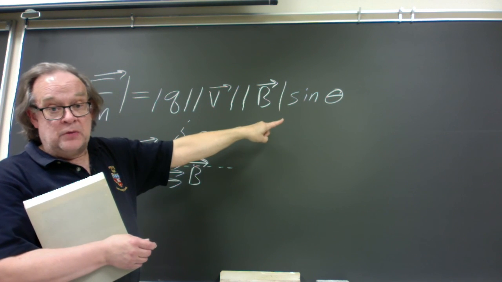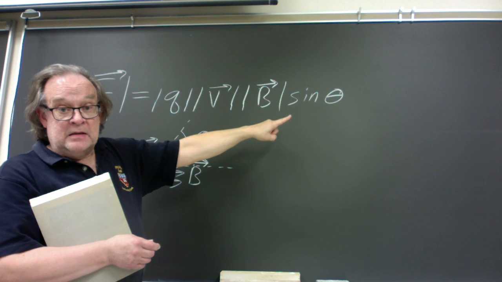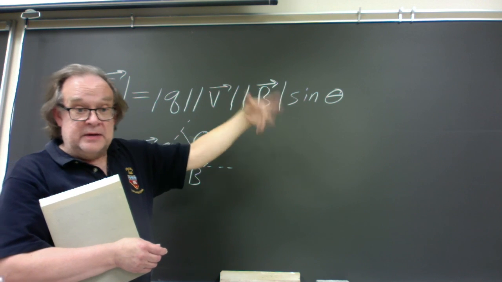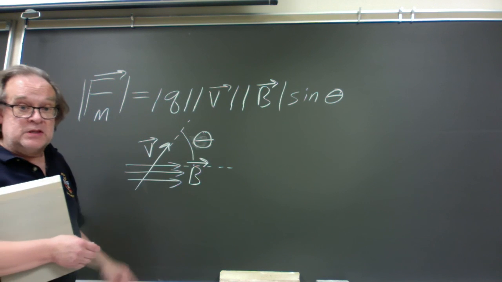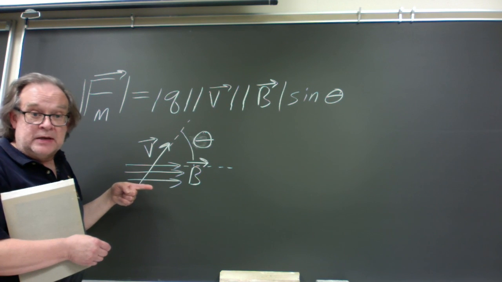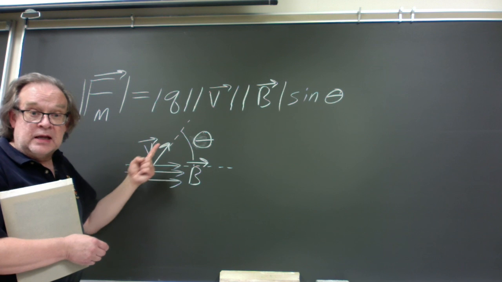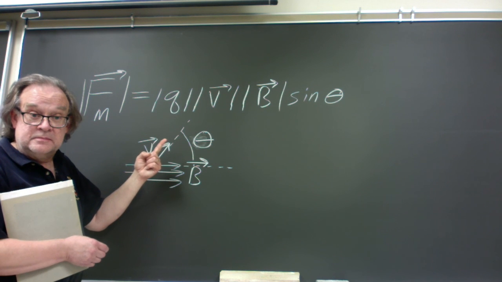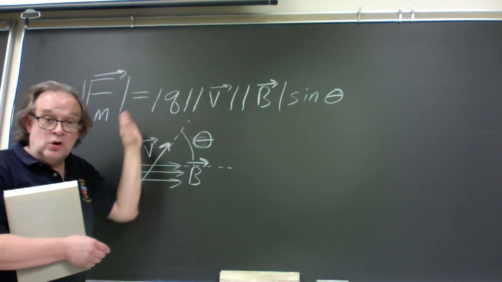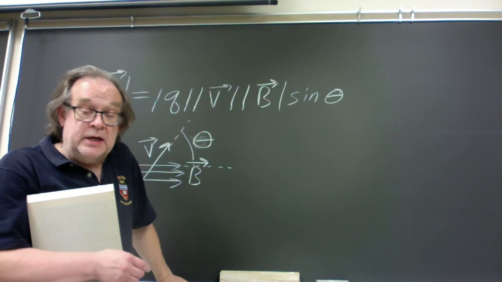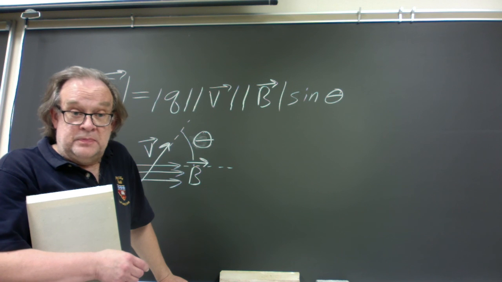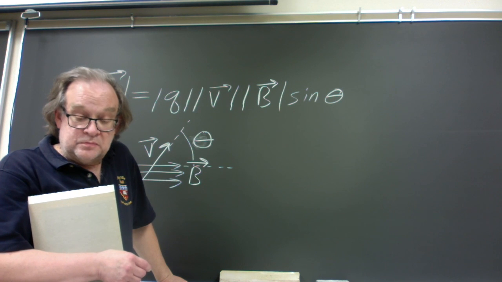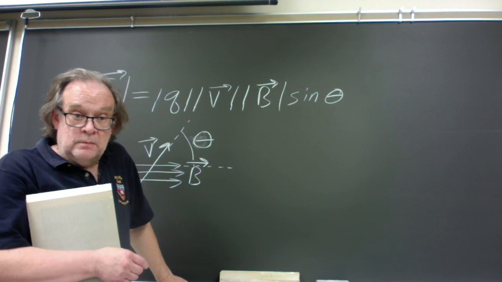And then there's one other weird factor here, sine of an angle. We had nothing like that in the rule for electric force. The angle specifically is the angle between the magnetic field and the velocity. So all that, more complicated rule for magnitude, and the rule for direction is rather unusual.